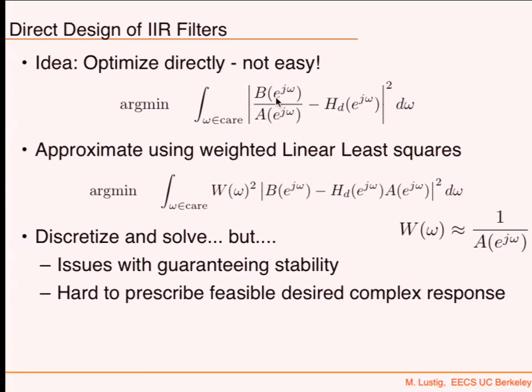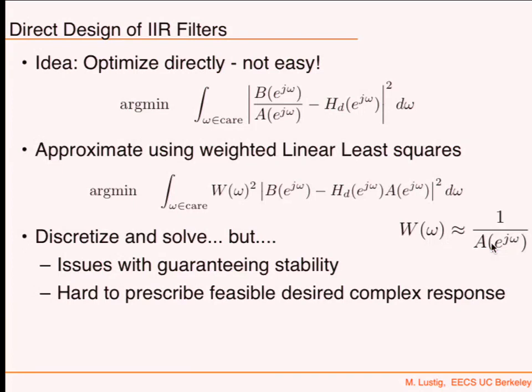So what we could do is say, okay, how can we represent this exact problem in a slightly different way? We want to solve effectively B(e^jω) minus H_d(e^jω) times A(e^jω), and then weight that by some W(ω). If W(ω) is actually 1 over A(e^jω), which we want to solve for, it's a chicken and egg problem, then that would be the right problem to solve.